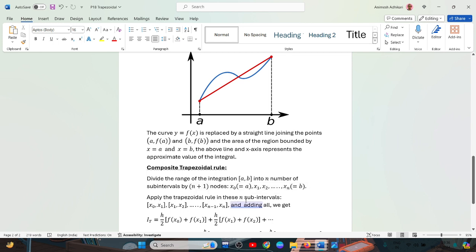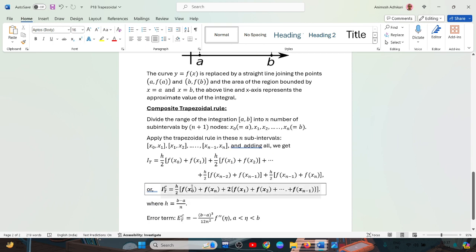Apply the trapezoidal rule in these n subintervals, x0 x1, x1 x2, and so on, xn minus 1 xn, and adding all, we get I trapezoidal equal to h by 2 [f(x0) plus f(x1)] plus h by 2 [f(x1) plus f(x2)] plus dot dot dot plus h by 2 [f(xn minus 2) plus f(xn minus 1)] plus h by 2 [f(xn minus 1) plus f(xn)].